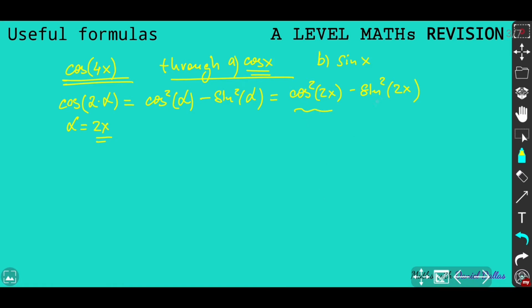But the problem is that if you apply the formula for sine 2x, you'll get maybe not a very good way, because sine 2x is going to be 2 sine x cosine x, and then you need to again raise to the power of 2 and express sine squared x through cos x. Okay, so that's why it's more efficient first to stay with one trigonometric function, in this case sine squared 2x expressed through the trigonometric identity.